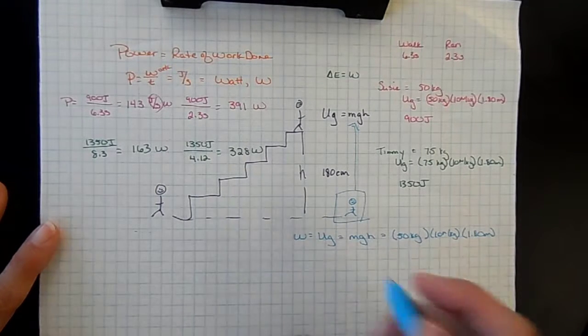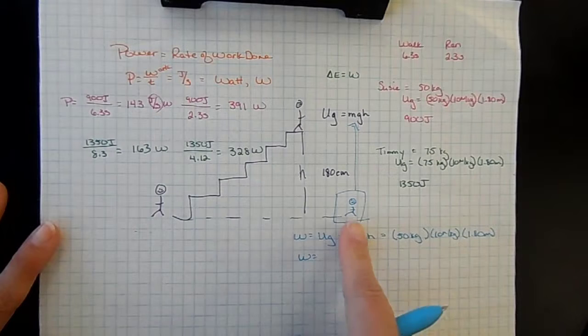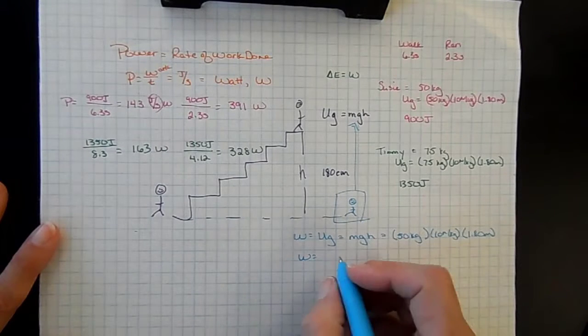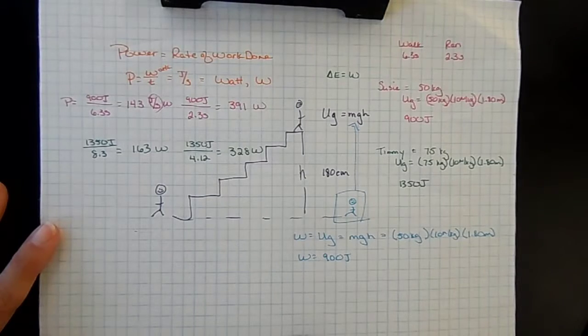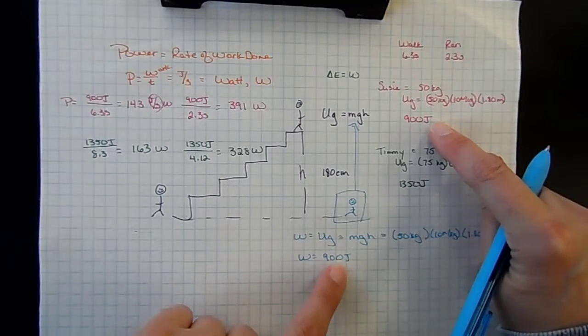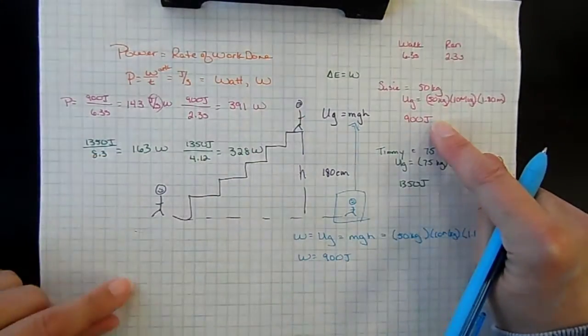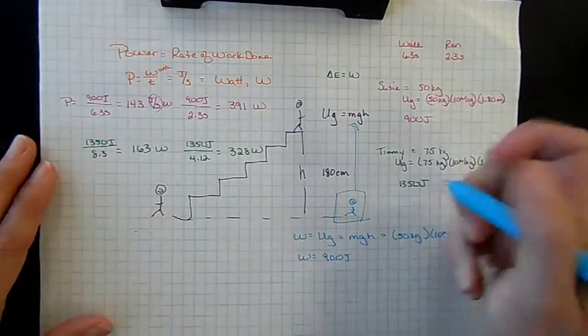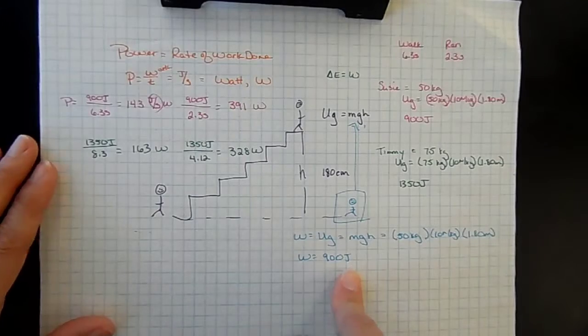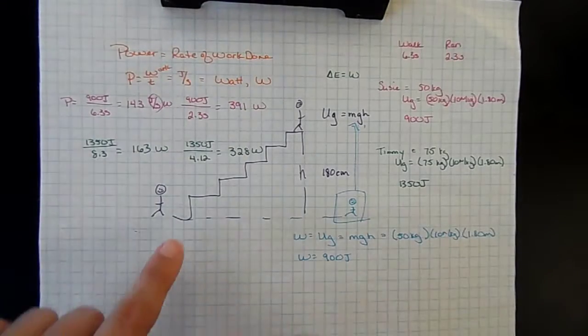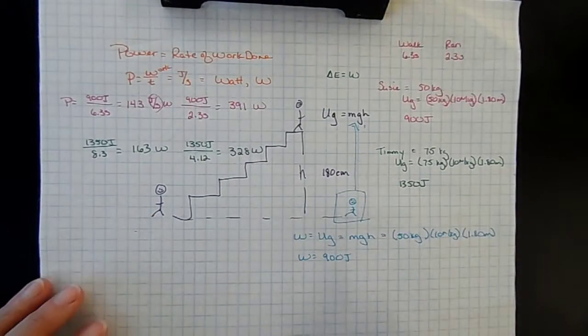Okay, if you calculate that, the amount of work that the elevator has to do on George is going to be 900 joules. So it doesn't matter if you walk up the stairs, or if you run up the stairs, or if you take the elevator. The amount of work that is done by you or on you to get you from here to there is the same.